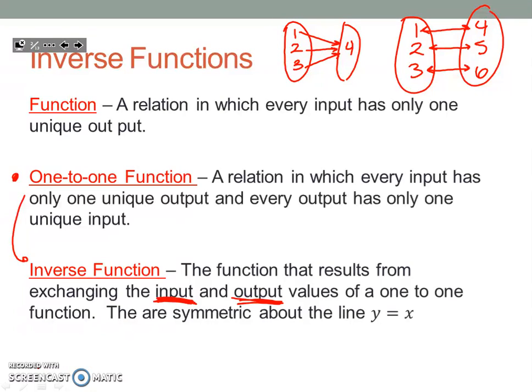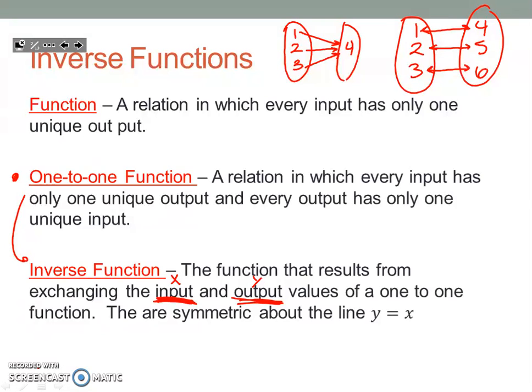So all one-to-one functions have an inverse. Okay? And then in order to define an inverse function, you have to exchange your input and output values. My input would be my x values, and my output would be my y values.